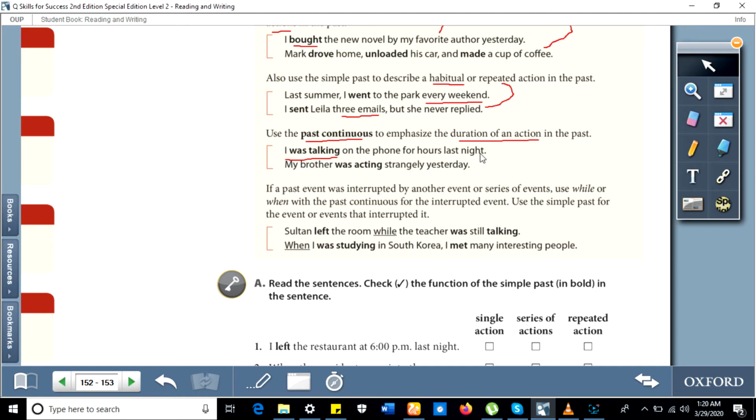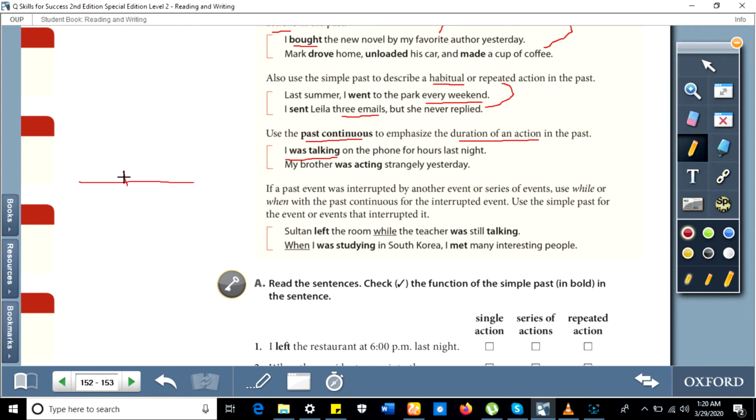You use it for the duration of an action in the past. Sometimes this duration of an action, if you want to describe that it was interrupted by any other action, right? For example, like this, when I was going to Riyadh, and somewhere here you received a call from your father.